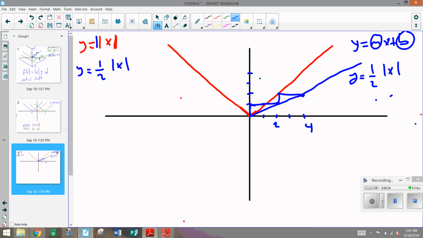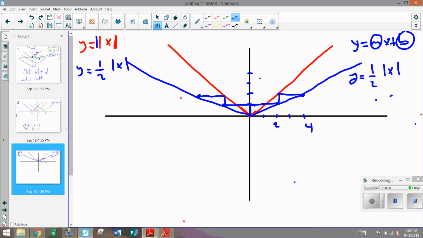Right? So we're going to draw 1 and 2. Rise 1, run 2 units. So we're going to complete these points and we're going to get the graph of that. So what happened?